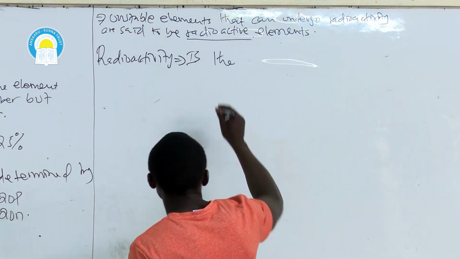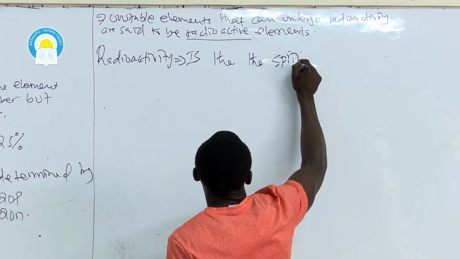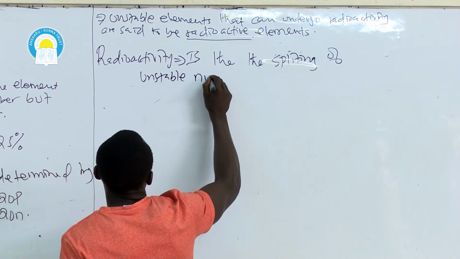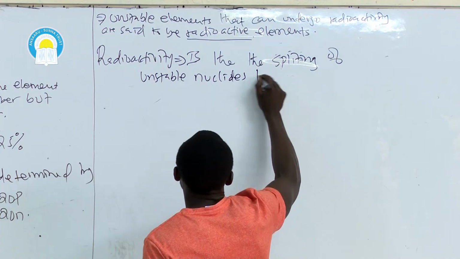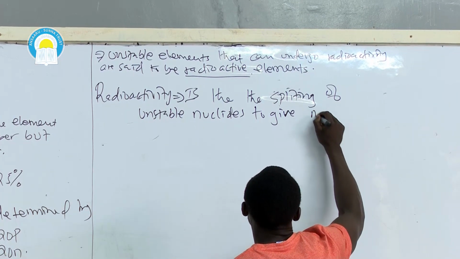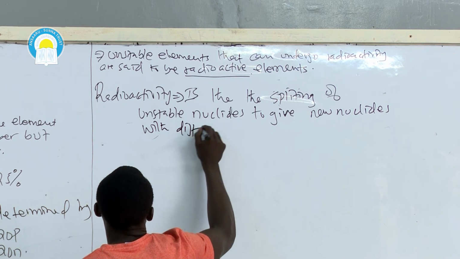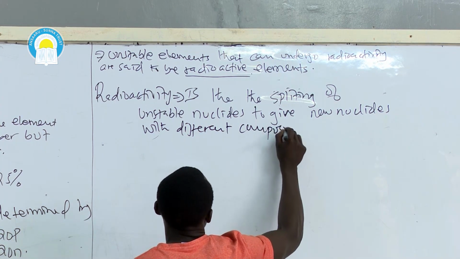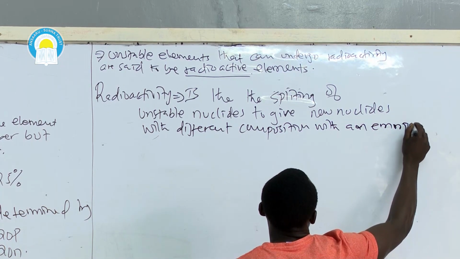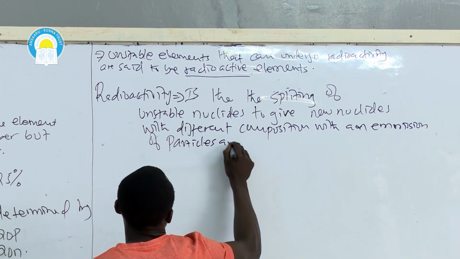So we say this is the splitting of unstable nuclides to give new nuclides with different composition, with an emission of particles and energy.